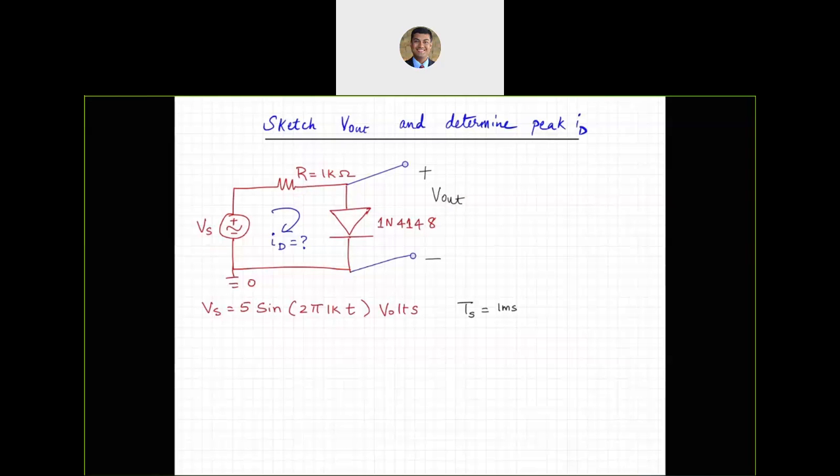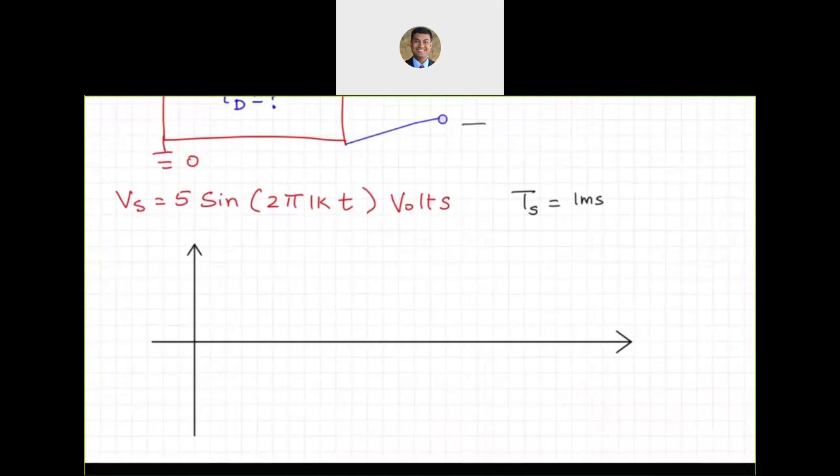We'll start with Vs, which is given, so that should be straightforward. Let's start with an x and a y axis here, and let's zoom in there.